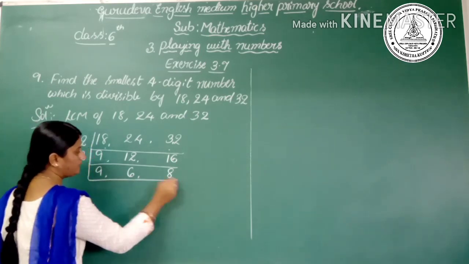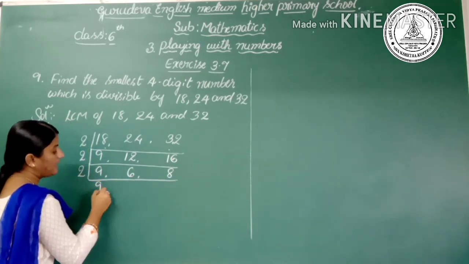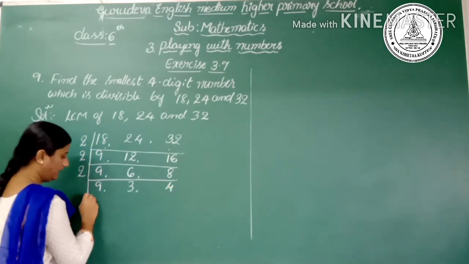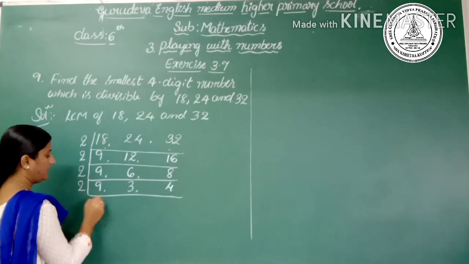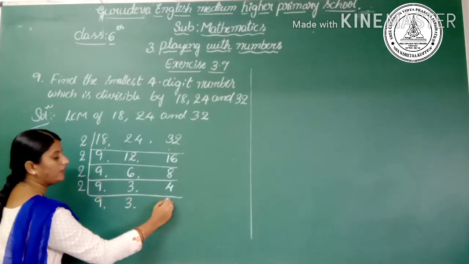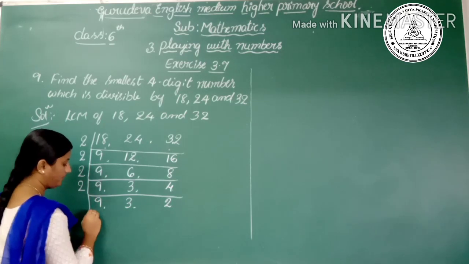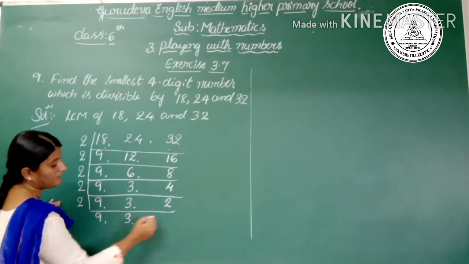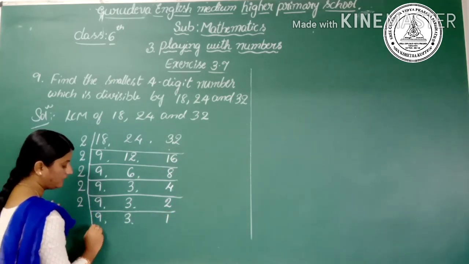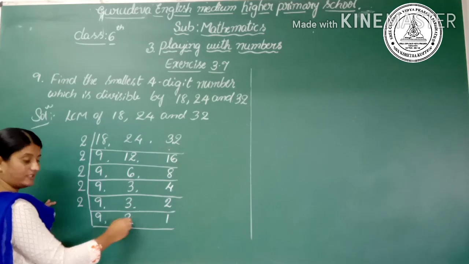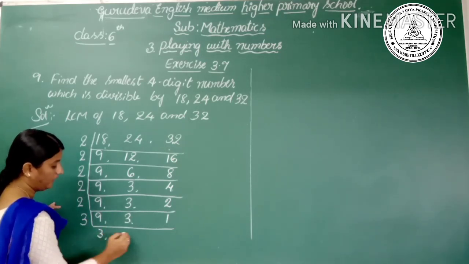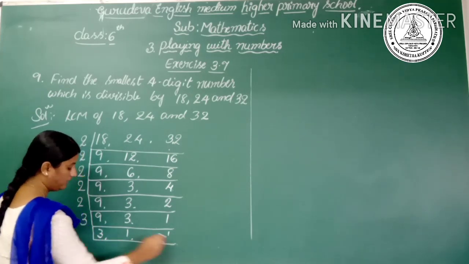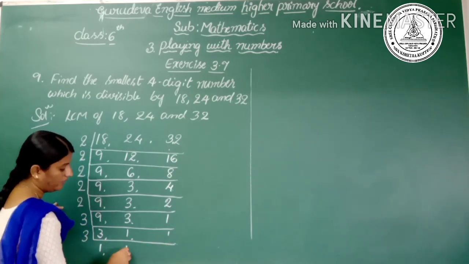Again divide by 2. 9 as it is, 2 3s are 6, 2 4s are 8. Then again divide by 2. 9 as it is, 3 as it is, 2 2s are 4. Again divide by 2. 9 as it is, 3 as it is, 2 1s are 2. Then divide by 3. 3 3s are 9, 3 1s are 3, 1 as it is. Then again divide by 3. 3 1s are 3.